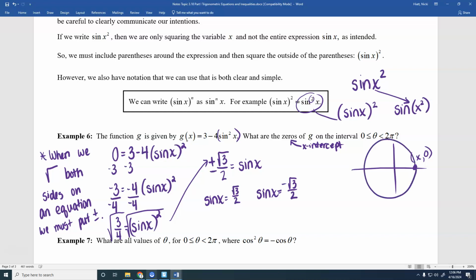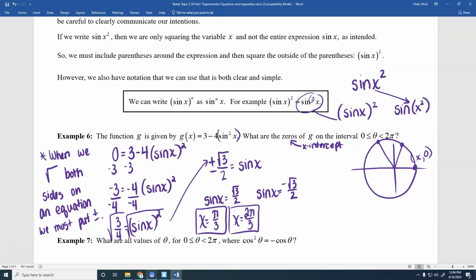On that unit circle, where does sine of x equal square root of 3 over 2? Okay, pi over 3 right here, and 2 pi over 3. So we'll get x equals pi over 3 as an answer, and x equals 2 pi over 3 as an answer.